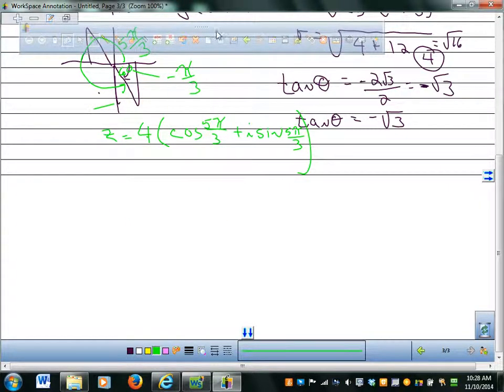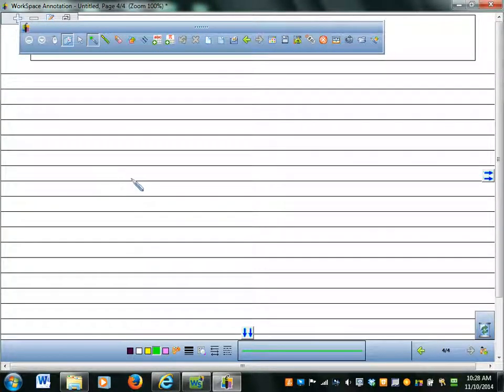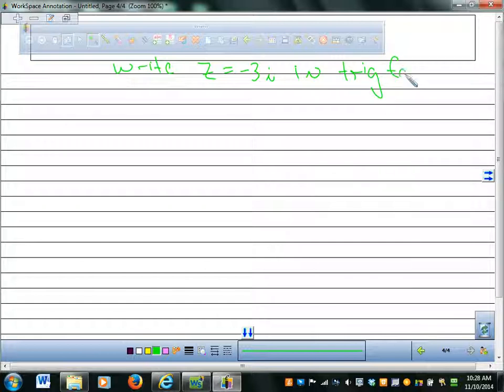Now, don't always jump to doing all those steps. I'll post this on my website too. Because sometimes if they say write z equals negative 3i in trig form, you could go through that whole process that I just went through, but sometimes it's useful to always draw a picture.